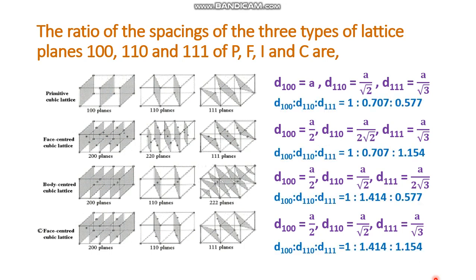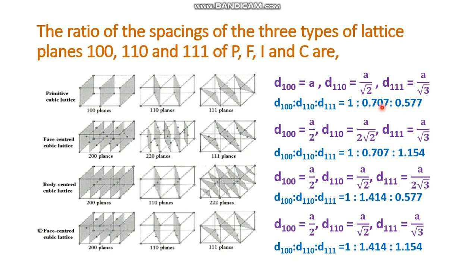This ratio, if you can see here, is A is to A by root 2 is to A by root 3. After clearing all these things, we get the value 1 is to 0.707 is to 0.577. So this is the D100 is to D110 is to D111 ratio for a simple cubic lattice.